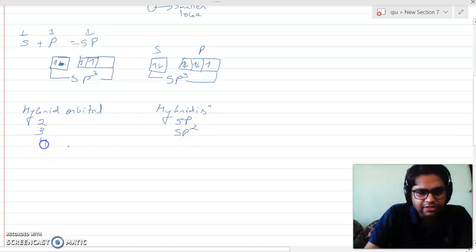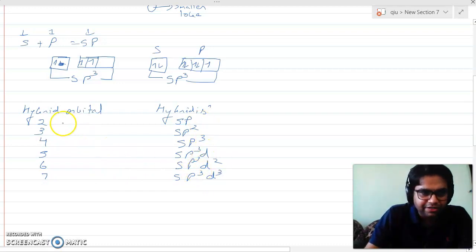If it is 4, then we need one s and three more p. Similarly for 5, as there are only three orbitals in the p subshell, we need one s, three p, and then one d. For 6, we need one s, three p, and then two d. Similarly for 7, there will be sp3d3.